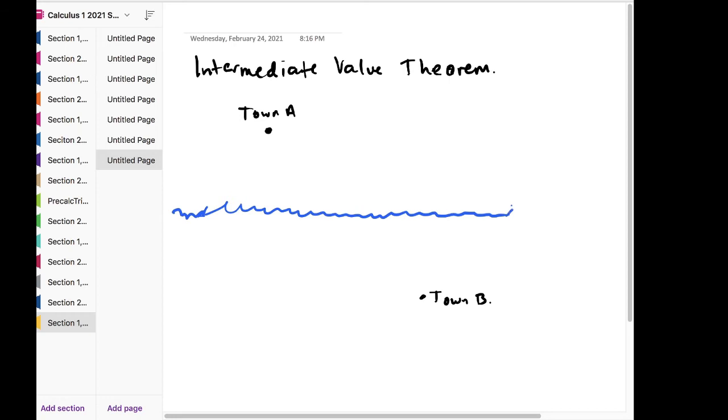Let's say you want to walk from town A to town B. Do you have to cross the river somewhere? Right. To walk from town A to town B, you must cross the river.